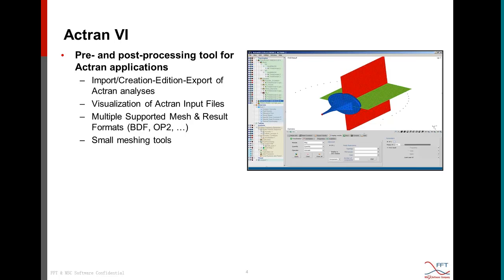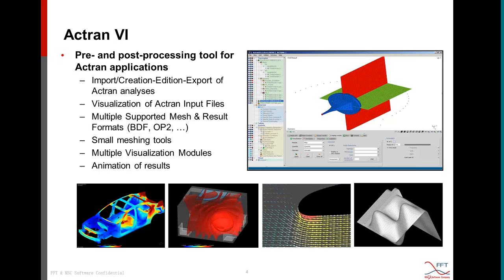And Actran VI is also used for visualizing results calculated by Actran or results by other CAE tools like Structure FEA or CFD programs. And it supports several types of result visualization, as we can see on this page below here.